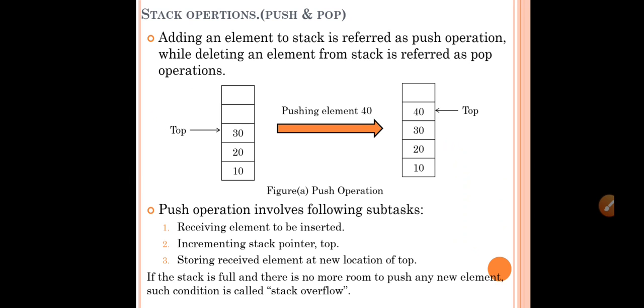If the stack is full and there is no more room to push any new element, such a condition is called a stack overflow. The stack contains only 5 memory locations, so we can store up to 5 elements. If I want to store a 6th element, a stack overflow message will be displayed.